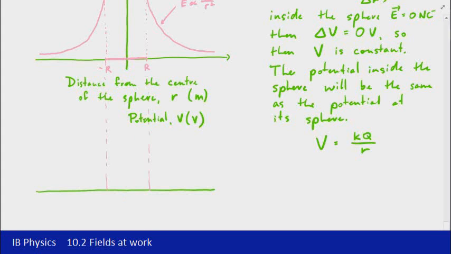If we have those two lines still representing the surface of the sphere, R and negative R, that means that we're going to have potential inside the sphere that's constant, and that will be equal to the potential at the surface of the sphere, and then we'll see a decrease in the potential outside, and so we'll have a curve that looks something like that, where that relationship there is going to be an inverse relationship.